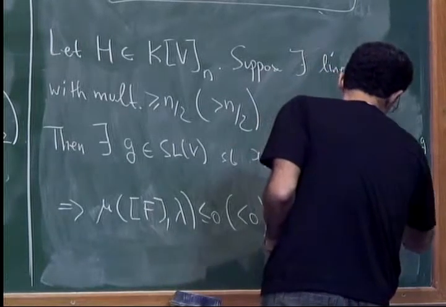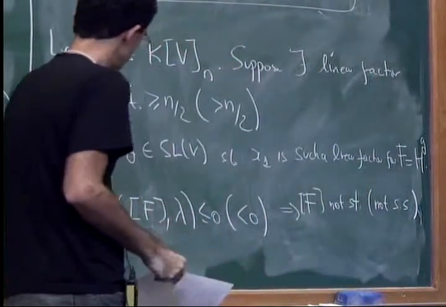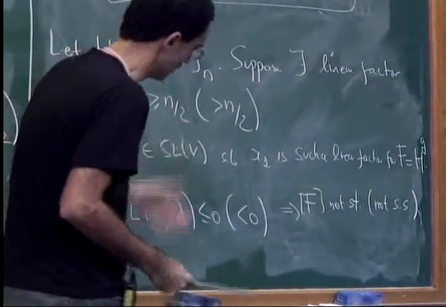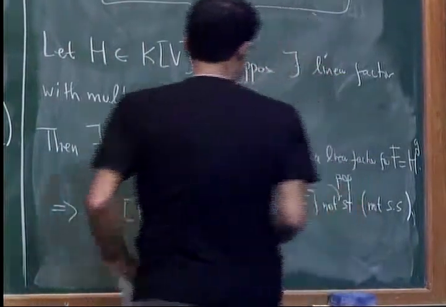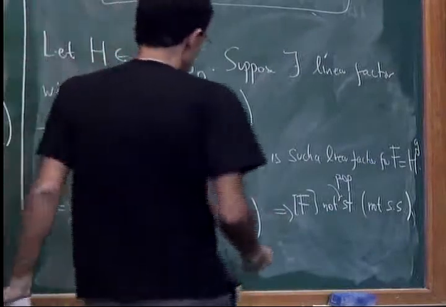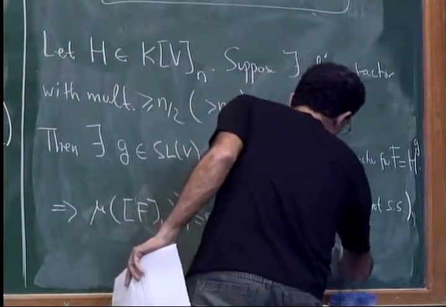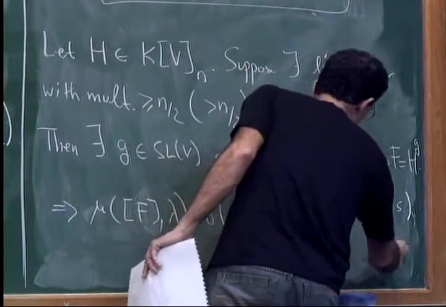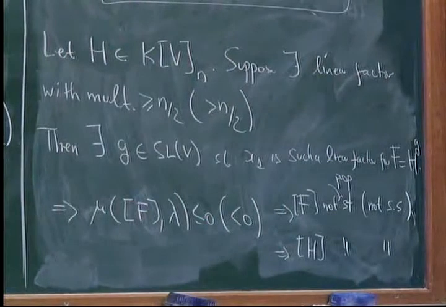And respectively not semi-stable, right, because it's less or equal, so not stable, not actually properly stable, and not semi-stable, but h is in the same orbit as g, so it has the same properties. So the same thing. Okay?